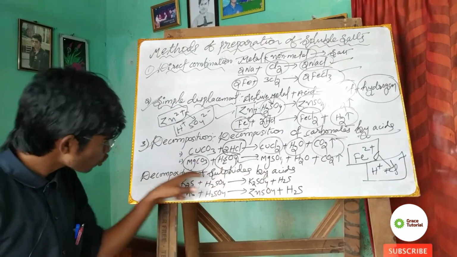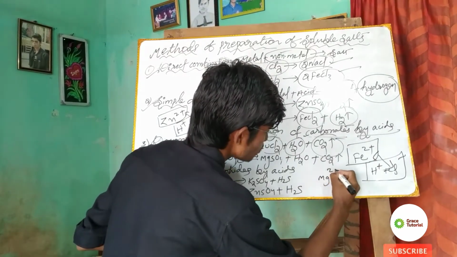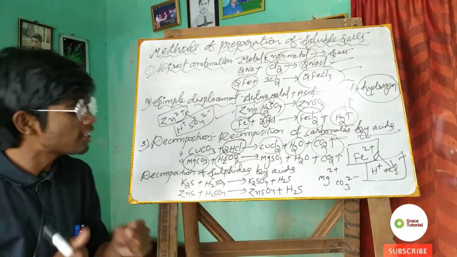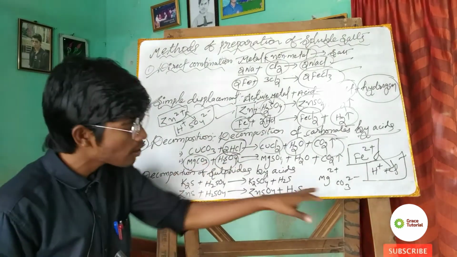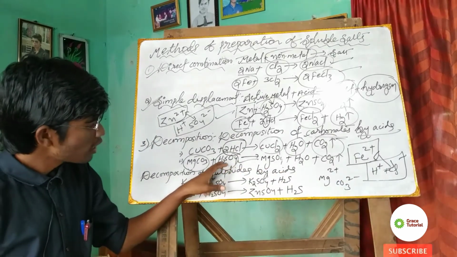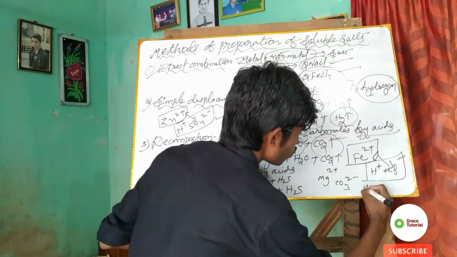If you dissociate this magnesium carbonate, what do you get? You will get Mg2+ and CO3 2-. Similarly, if you dissociate this sulfuric acid, you will get H+ and SO4 2-.